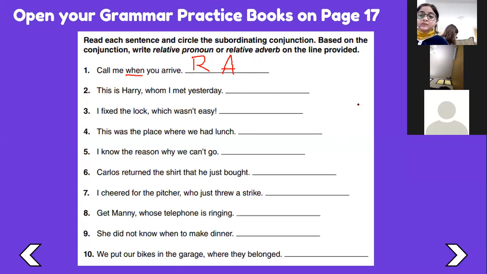Amal? Can you do number 2? This is Harry, whom I met yesterday. What is the subordinating conjunction? Whom.